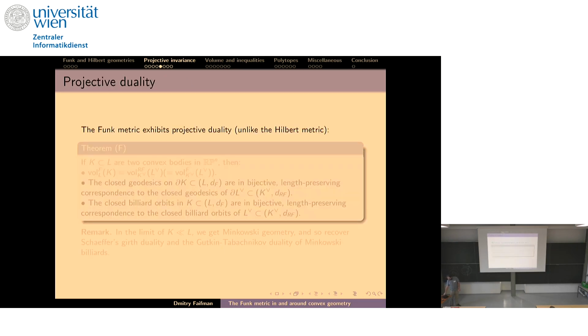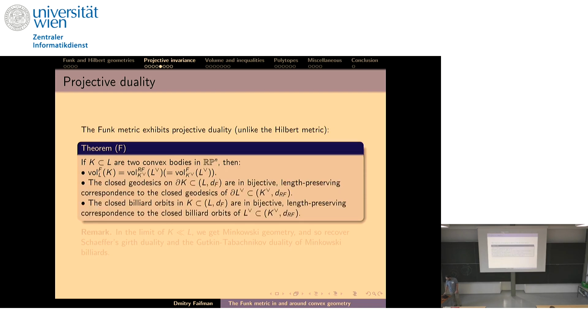Okay, so this is the duality of the billiards, but actually there's more that holds. Here is the statement for the Funk metric. Unlike the Hilbert metric, it exhibits a projective duality. So here are the statements. We have now two convex bodies, K inside L. The first statement is that the volume of K inside L equals the volume of the polar of L in the reverse Funk geometry of K polar.